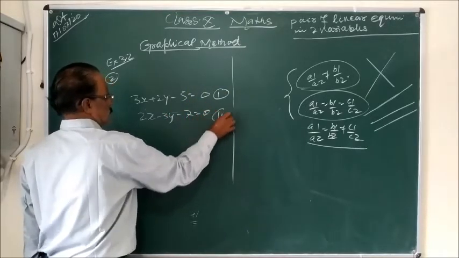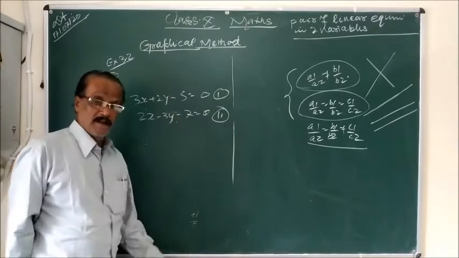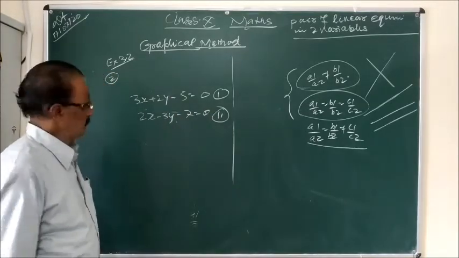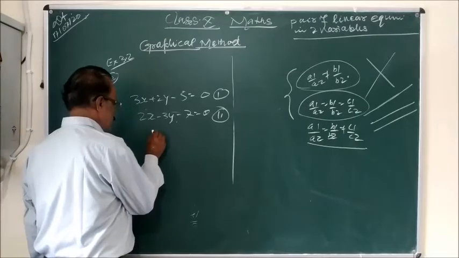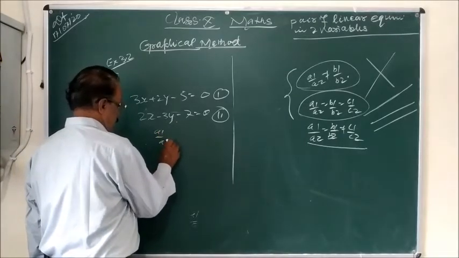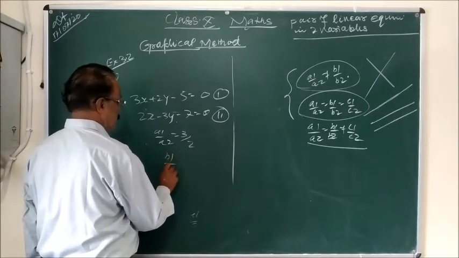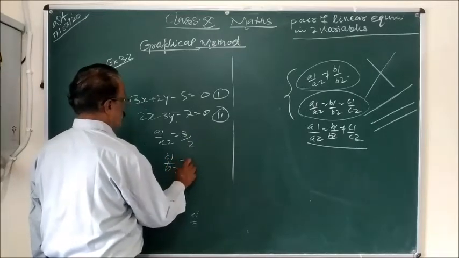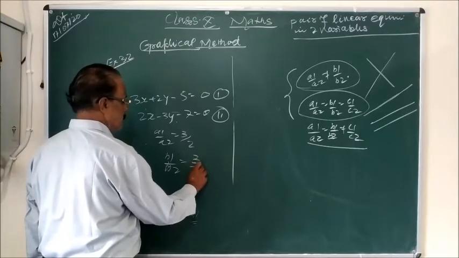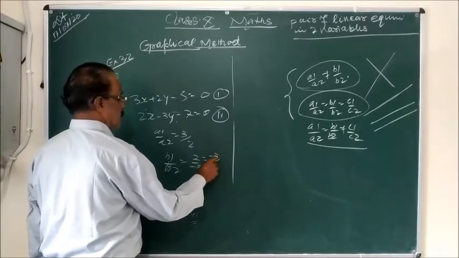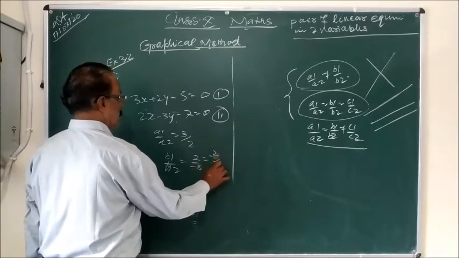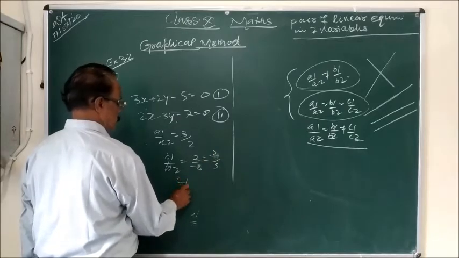Understand? So these are in the general form of a pair of linear equations. Now you see a1 by a2 is 3 by 2, and b1 by b2 is 2 upon minus 3, this means minus 2 by 3, and c1 by c2.